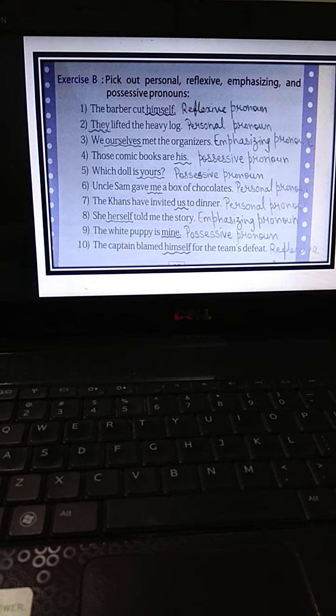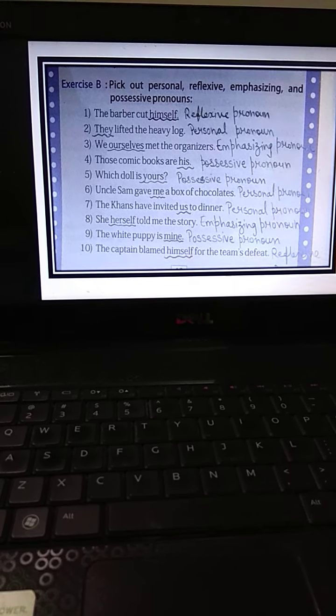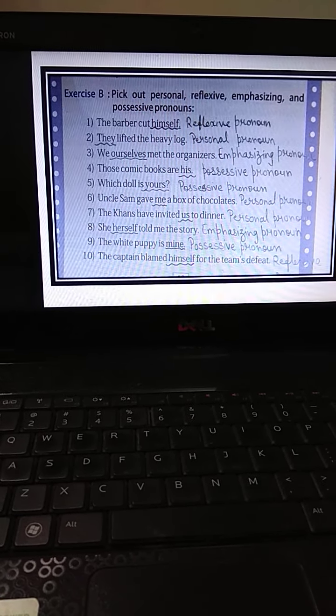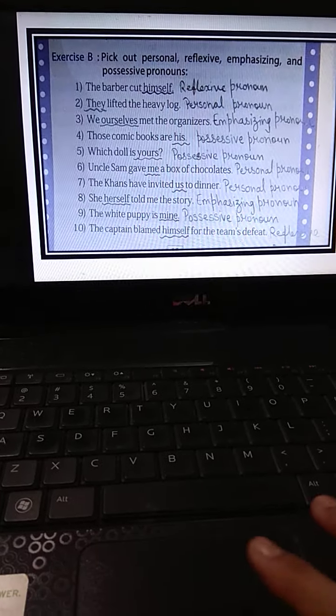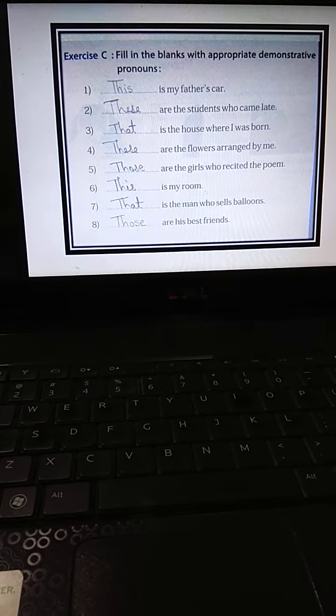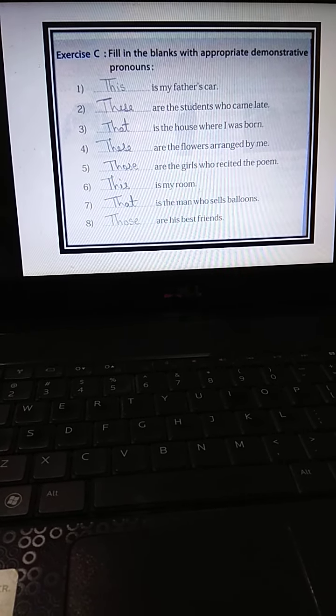So for that, first of all, we have to be clear about what personal, reflexive, emphasizing, and possessive pronouns are. Then after, exercise C, fill in the blanks with appropriate demonstrative pronouns.